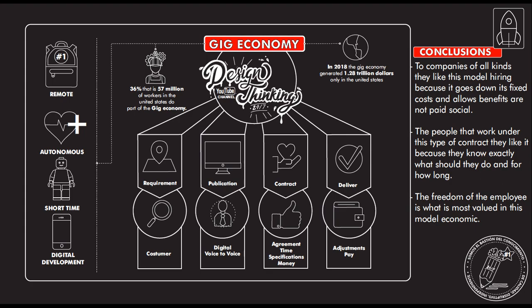The people that work under this type of contract like it because they know exactly what they should do and for how long. That is something very good, and it's a big benefit because when you are working with this kind of contract, you know how much you are going to earn and for how long you are going to do it.